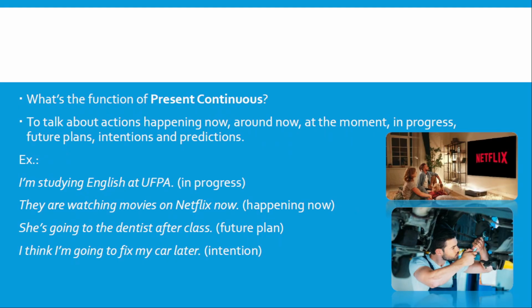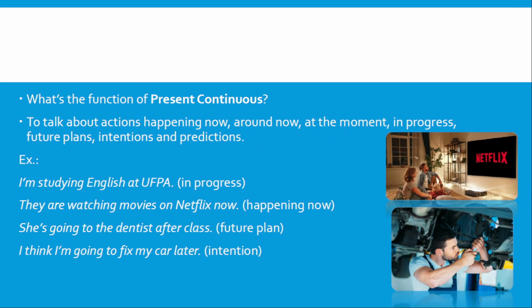As you can see, we have 4 examples here. The first example, I'm studying English at UFPA. This is an example of an action in progress. The second example, they are watching movies on Netflix now. It is happening now, at this moment.